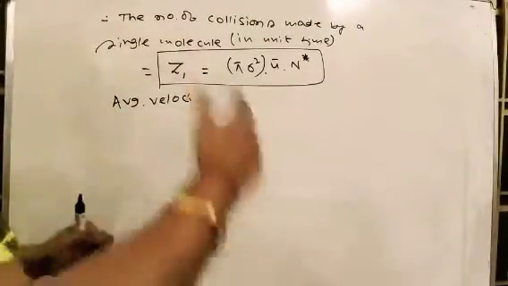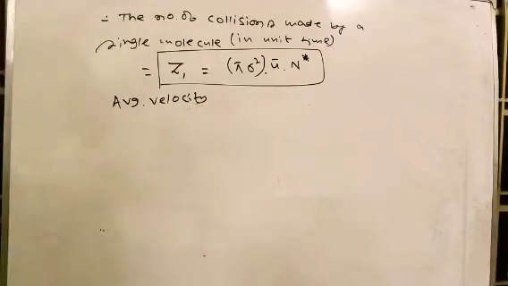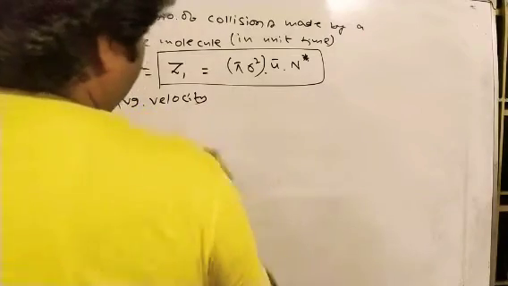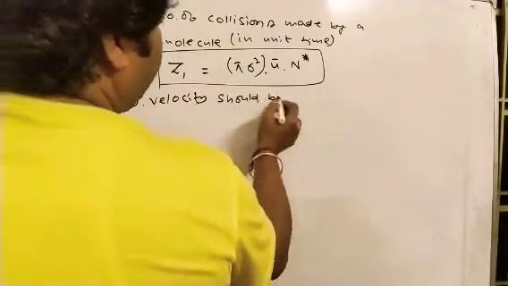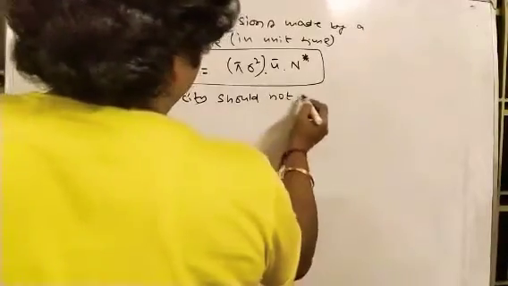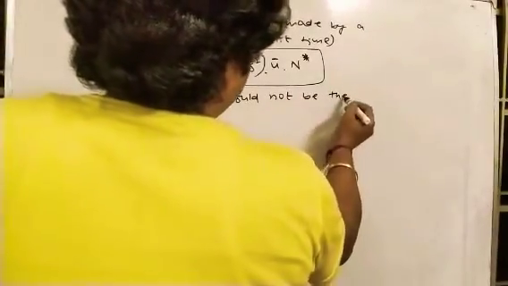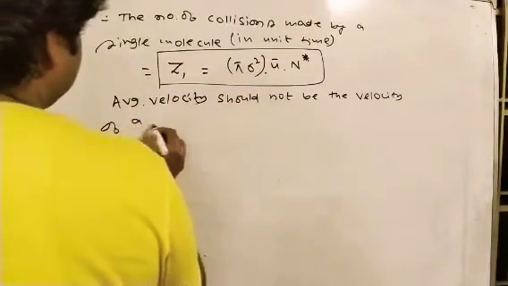But that is not the case. Everyone is moving here. So average velocity, think about it. Or I should rather say first that average velocity should not be the velocity of a single molecule.